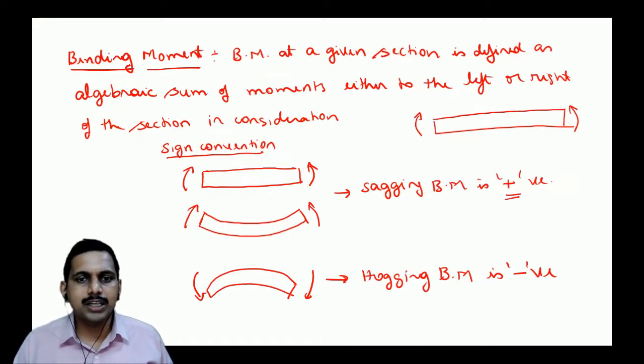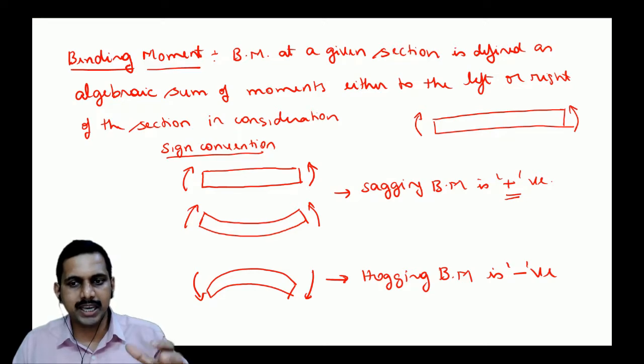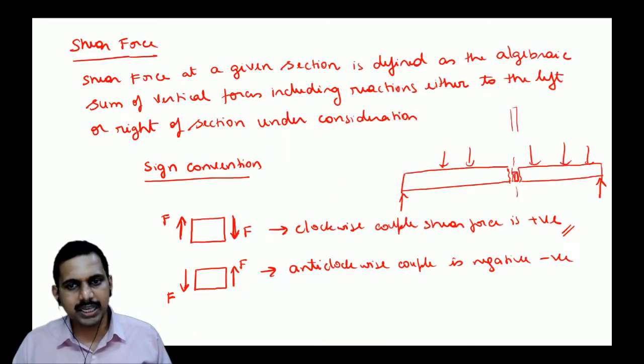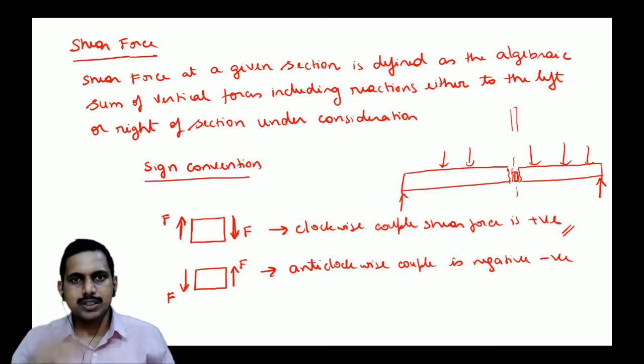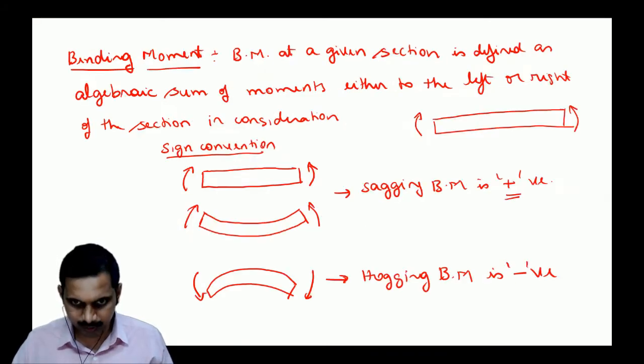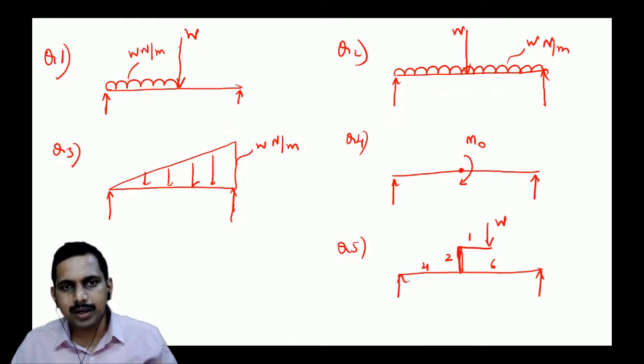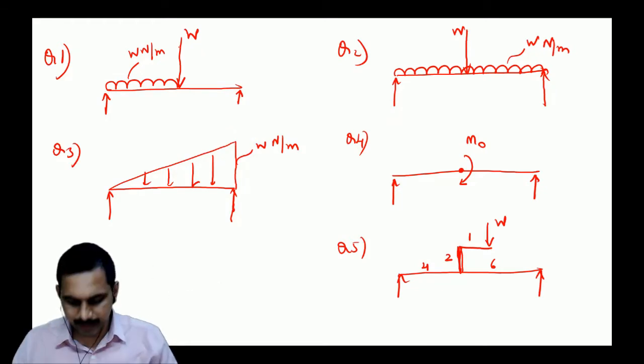When you take the algebraic sum of the moments on one side, it is a bending moment. The sign convention is: sagging bending moment is positive, hogging bending moment is negative. In case of shear force, the one which causes a clockwise couple of the two shear forces is positive, anti-clockwise couple is negative. So the effect on the beam is very important.